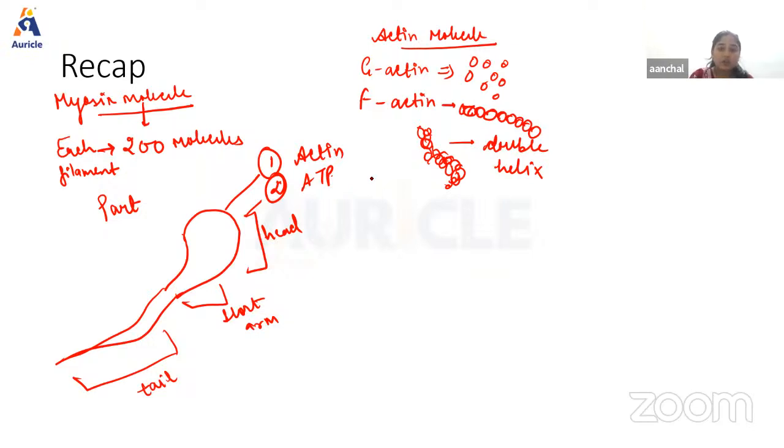So next we have tropomyosin. About 40 to 60 tropomyosin molecules are situated along the double helix. First of all, we should know the location of tropomyosin. Tropomyosins are very small proteins that are located along the actin molecule. Now, about 40 to 60 tropomyosin molecules are situated along the double helix strand of the actin filament.